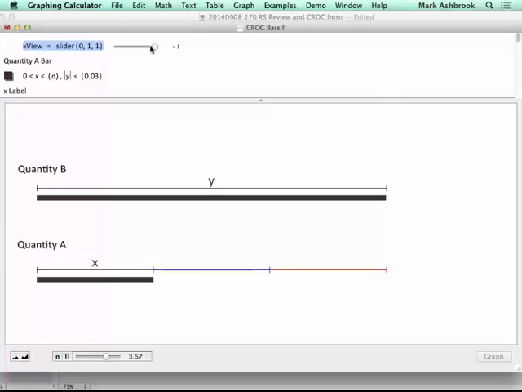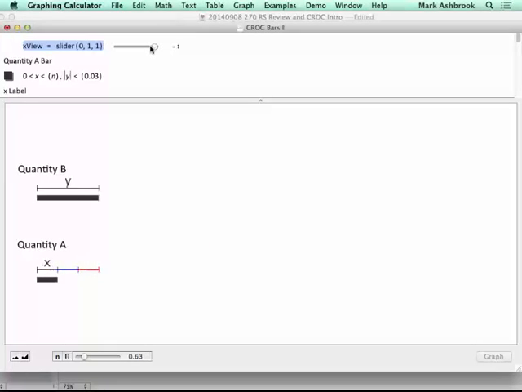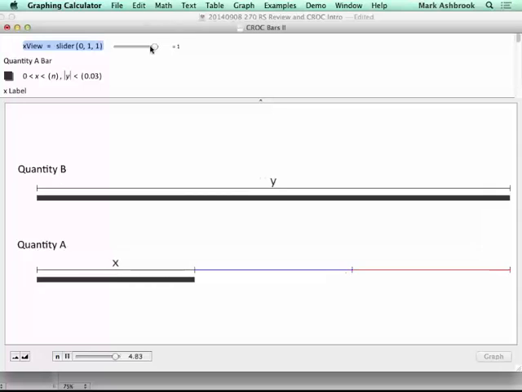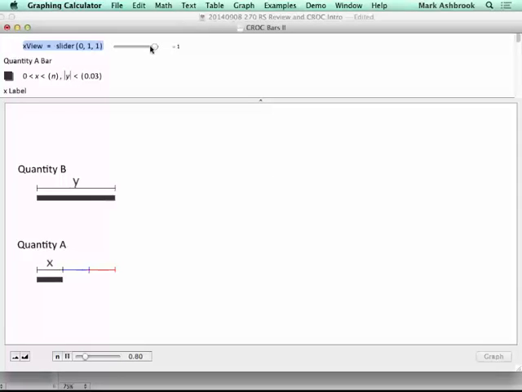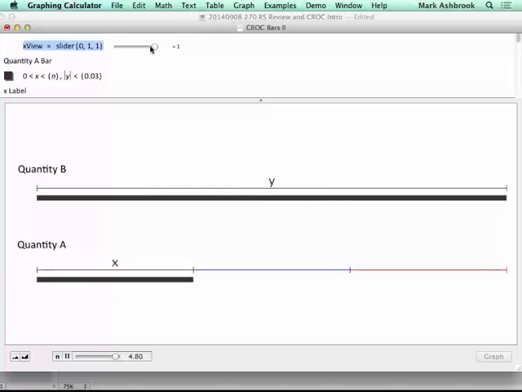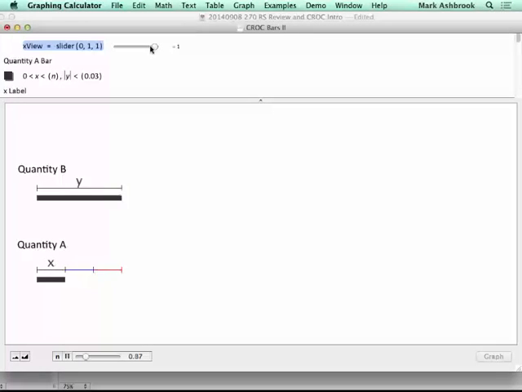Given what I've given you here, how could you represent that relative size? 3 over 1. It's 3 times the quantity. So we want to set the relative size as a quotient, the quotient of y over x. When I say quantity B and quantity A, B and A aren't variables. All right, let's point that out.